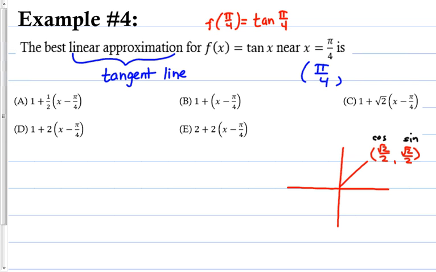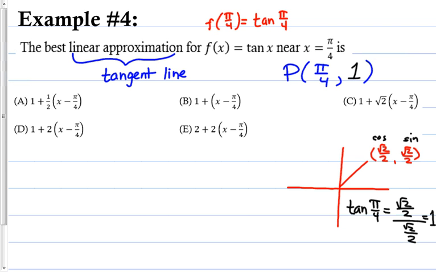Tangent is sine over cosine. So tangent of pi over 4 is going to be the sine over cosine. Oh look, it's the same number divided by the same number. So my answer is 1. So the tangent of 45 degrees, or pi over 4, is 1. So when I plug it into the equation, I get 1. And that's my y. So there's my point.